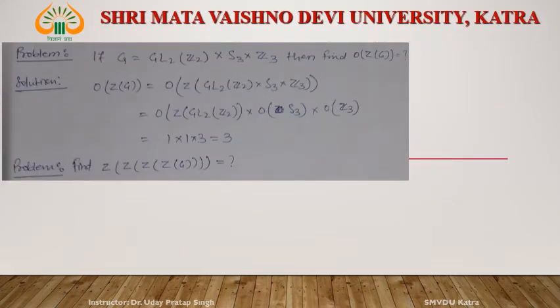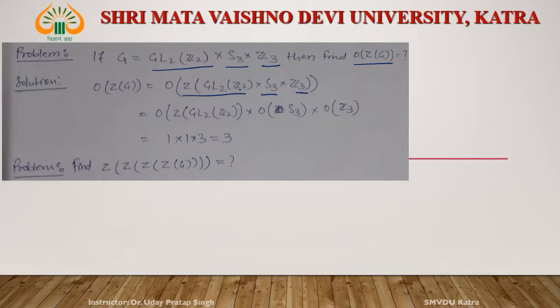Now see another example. If G is equal to GL2(Z2), S3 and Z3, then what is the order of Z of G? Means the order of Z of GL2(Z2) cross S3 cross Z3.